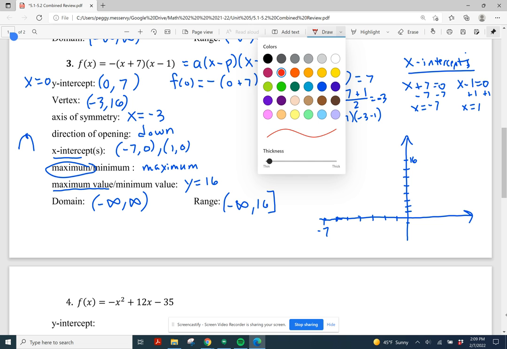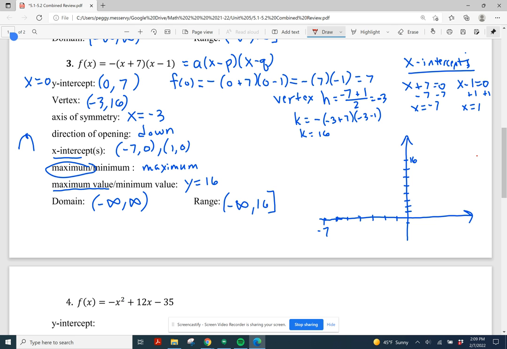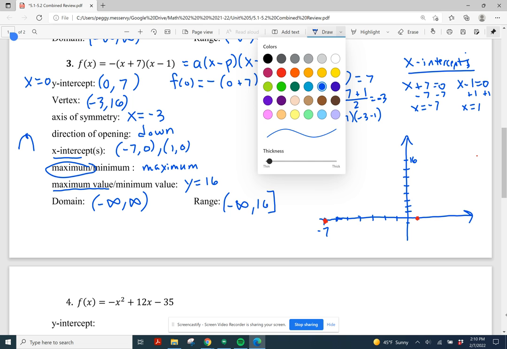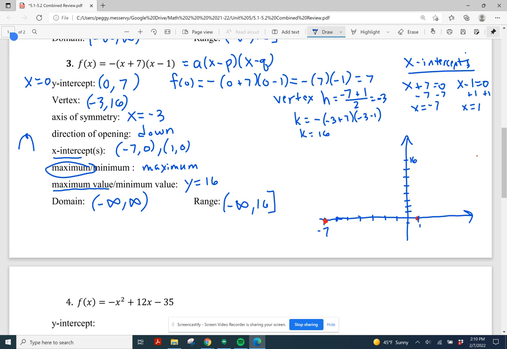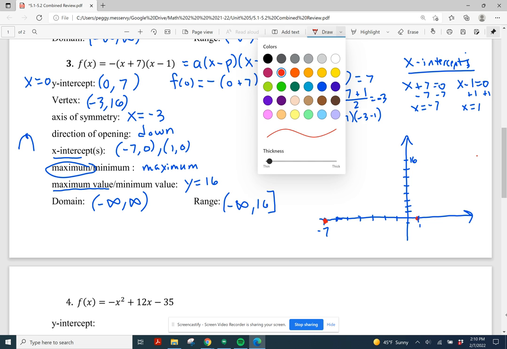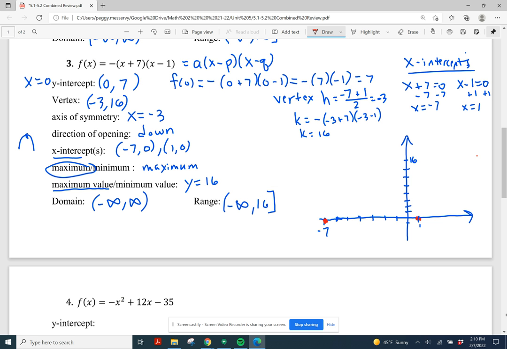So I'm going to put my intercepts on at -7 and over here at +1. I should have put a +1 in there. I'll do that. That's my +1. Back to the red. Okay. We've got our intercept. Let's see, 2, 4, 6, 7 is halfway between 6 and 8.